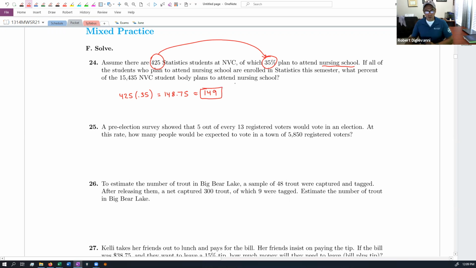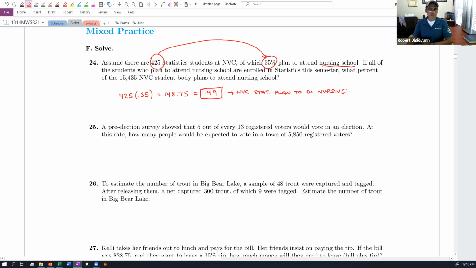So these are students that are in statistics at Northwest Vista that intend to go to nursing school. So these are NVC statistics students that plan to do nursing.